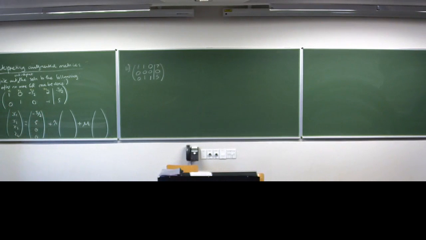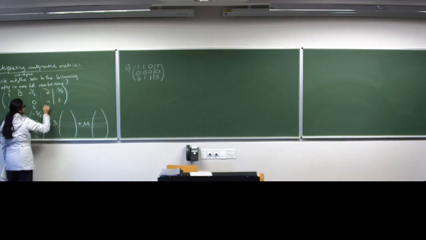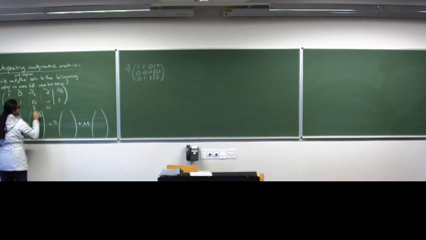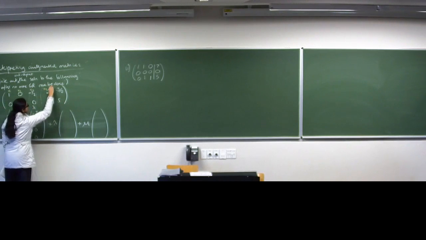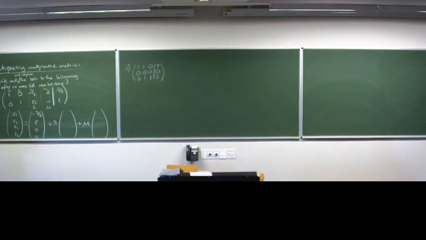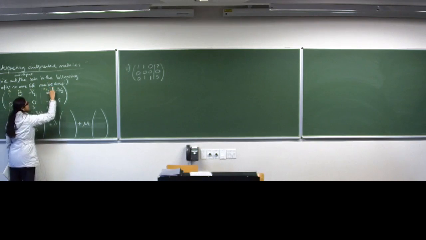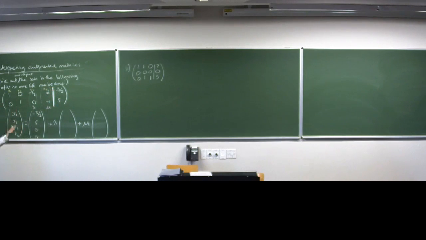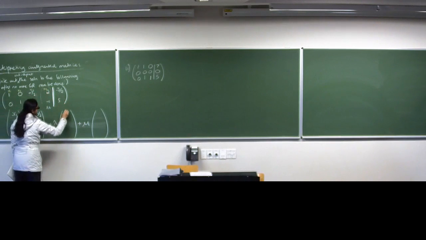Now think of this: this would be your lambda, and this would be your mu. But now we're taking it across the equal sign, so this becomes plus a half.